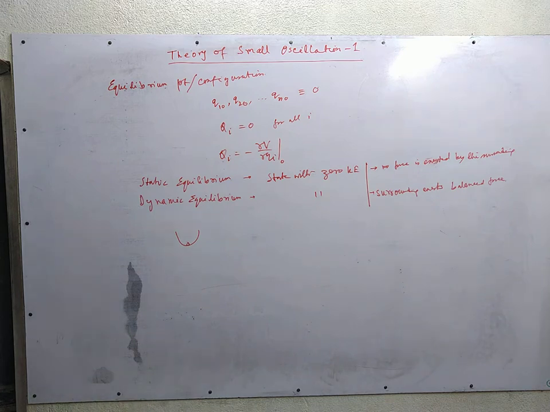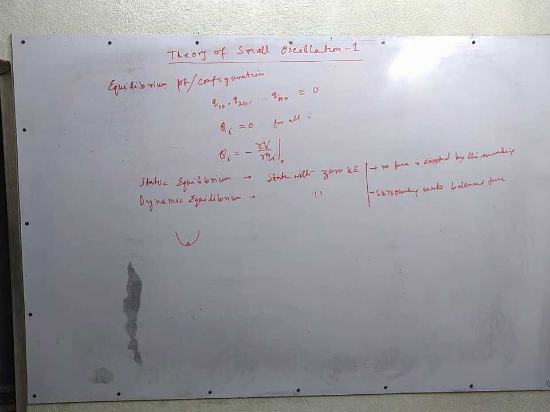The surrounding here exerts a balancing force, because the fountain tries to push the ball up, and on the other hand gravity is pulling the ball down. These two forces balance each other and the system is in a state of dynamic equilibrium.